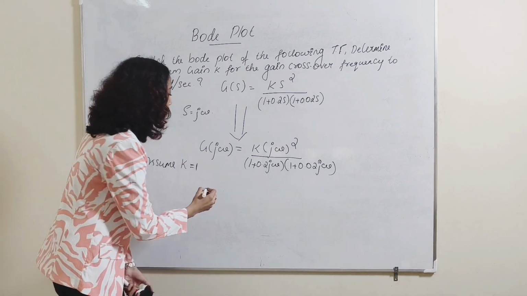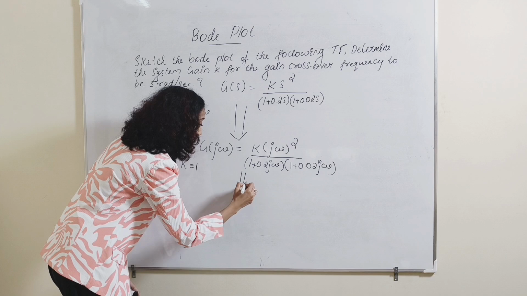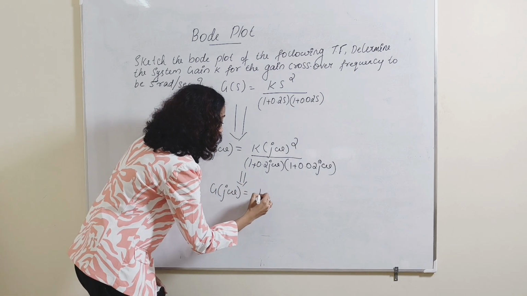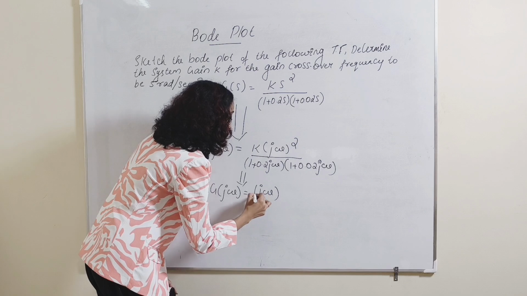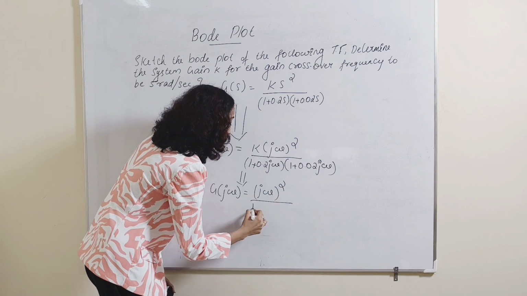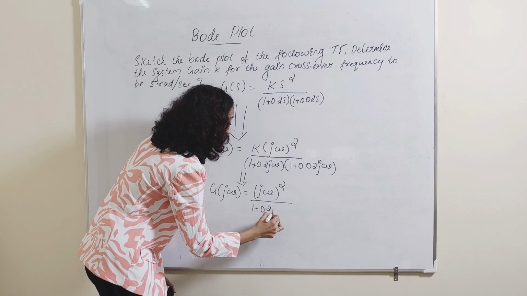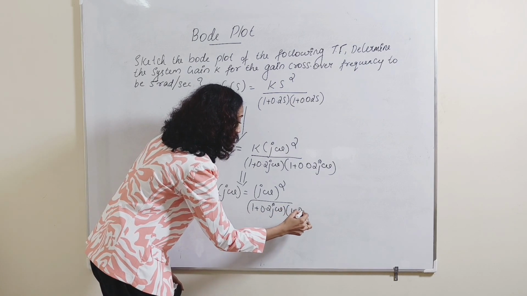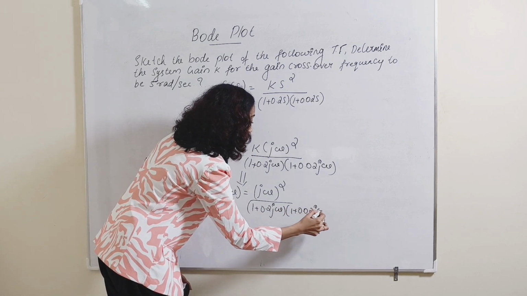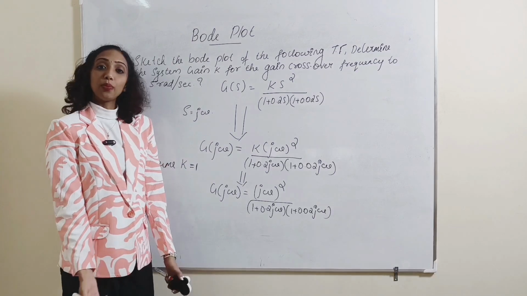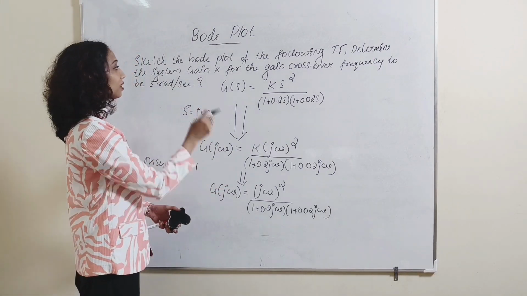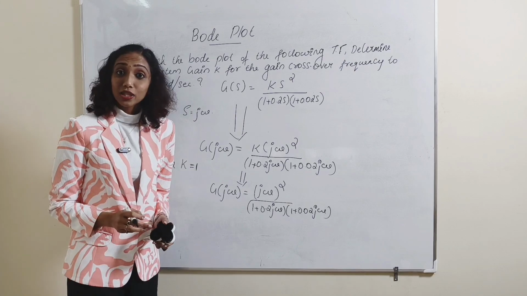Assume K is equal to 1, then G of j omega tends to j omega the whole squared divided by 1 plus 0.2 j omega into 1 plus 0.02 j omega. Then you can write the first term as magnitude plot.